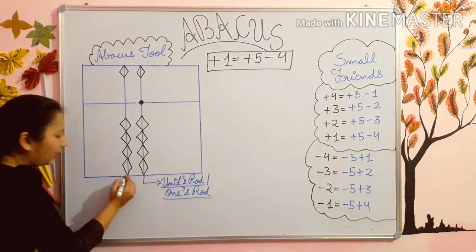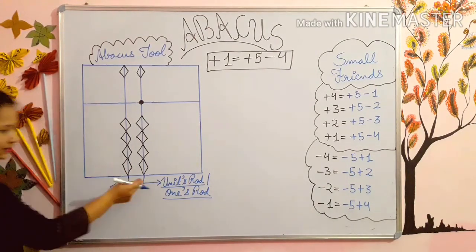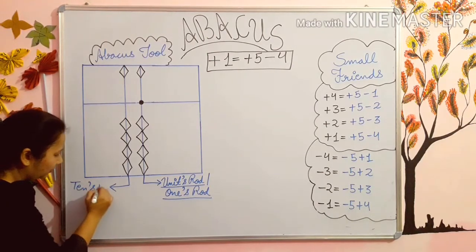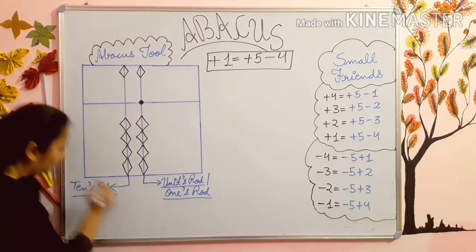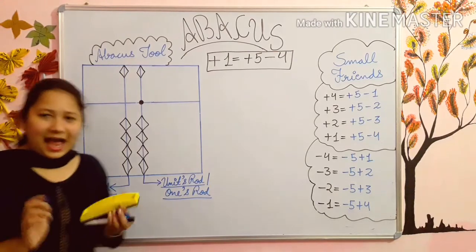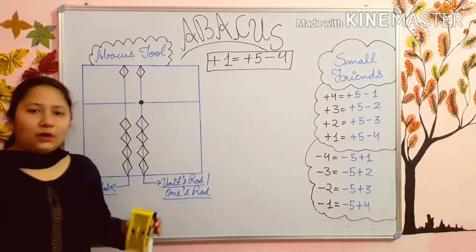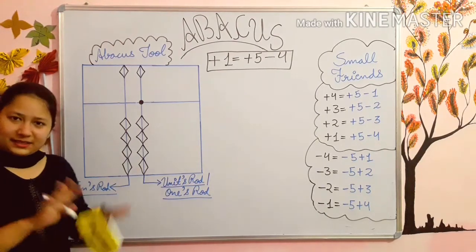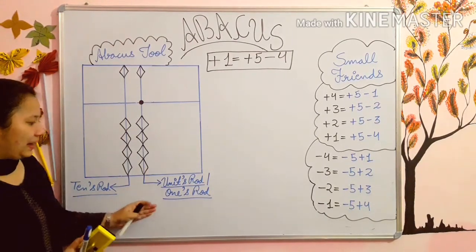Is it fine? And this beside the units rod is the tens rod. Students, I have drawn only these 2 rods because we will do our calculation in these 2 rods only. Is it fine? So this is your Abacus tool.